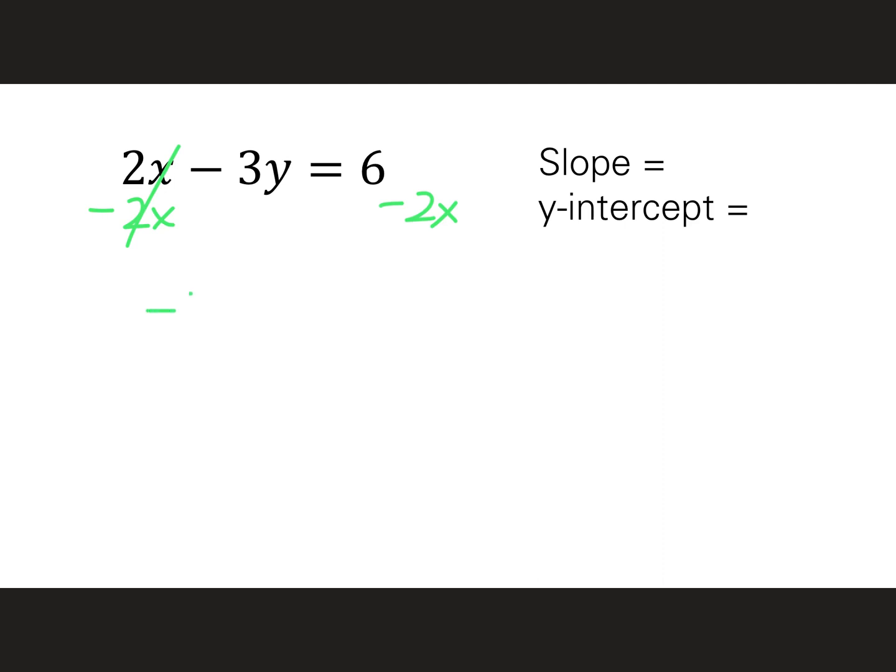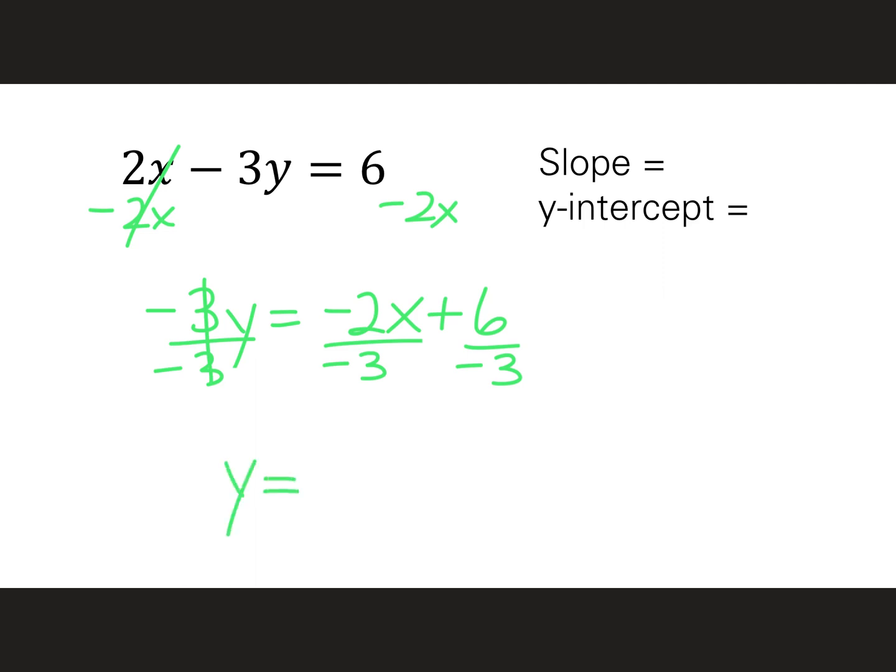And I'm going to have negative 3y equals, I'm going to put the negative 2x first, and then that 6 was positive. Then I'm going to divide every single term by negative 3. If you're going to divide, you got to divide every single term. So that goes away. I have y equals, and a negative divided by negative is a positive, so positive 2/3 x, and then that becomes a minus 2.